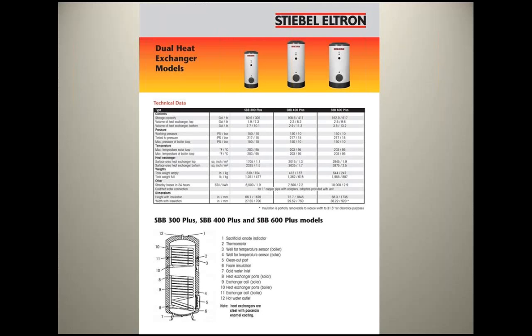But with propylene glycol, and the fact that the pressure in this tank is usually much higher than the pressure in the solar hot water system, these have now been approved.